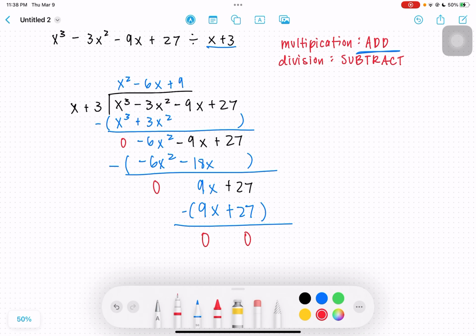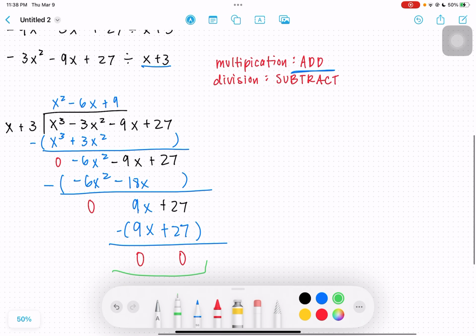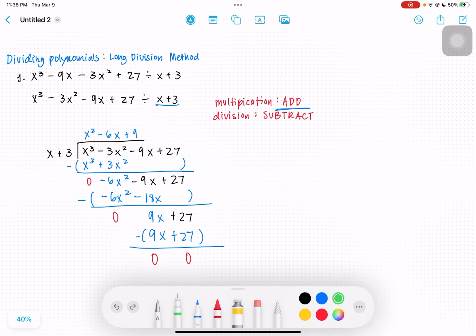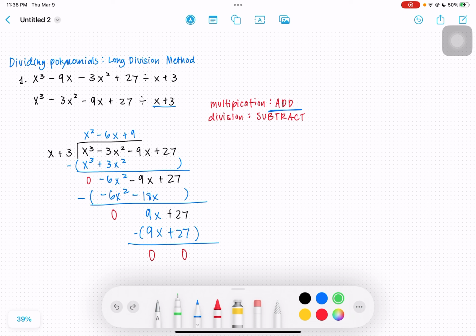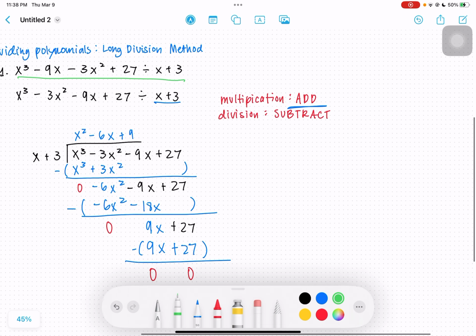And then to get the answer, it's like this. If the answer here is 0 and there's no remainder, there's no other number, it's just 0, it means you answer it like this. You copy this.